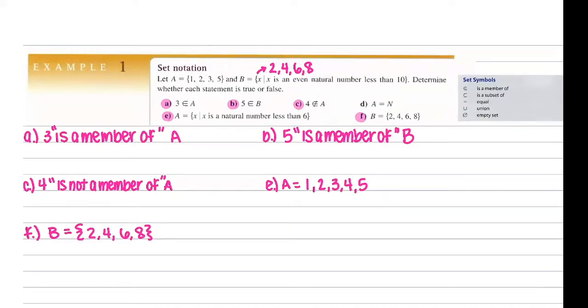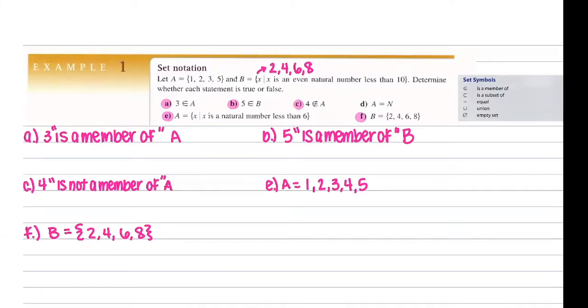So for A, you'll realize that throughout your completed notes, every single question is completed. However, with the notes that we're doing, I've highlighted specific ones that I want to make sure that I get through with you. So for A, it says 3 is a member of A. So is 3 part of the set of A?